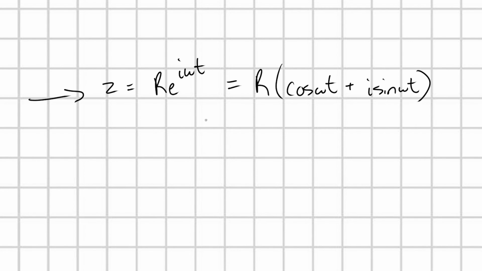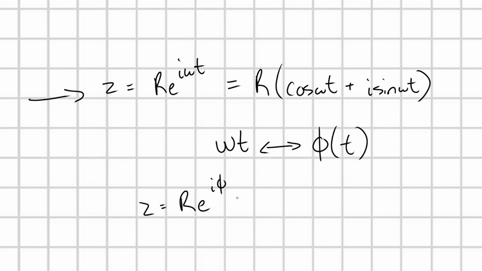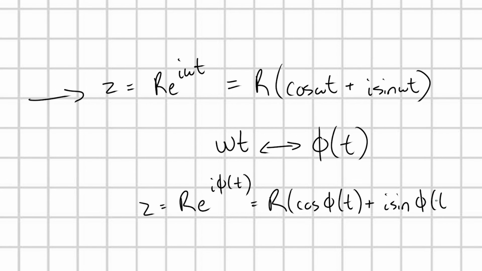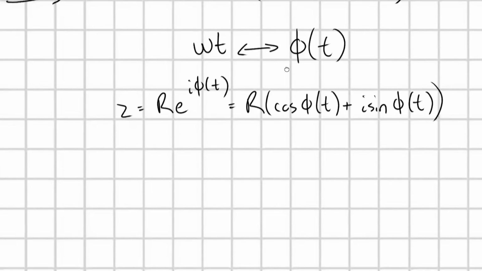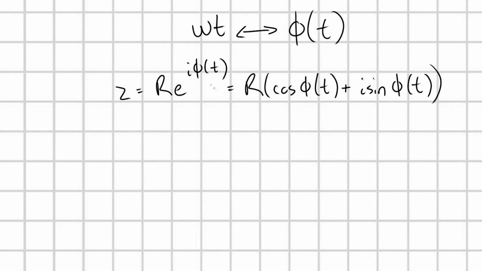And now we go ahead and we plug in. We just go back the other way. Omega t, this input here, is really telling me the angle at any position at any time t. Then we have z equals r e to the i phi as a function of time equals r times cosine phi of t plus i sine, my angle as a function of time. And then, of course, we don't actually need to give an angle some dependence on time.